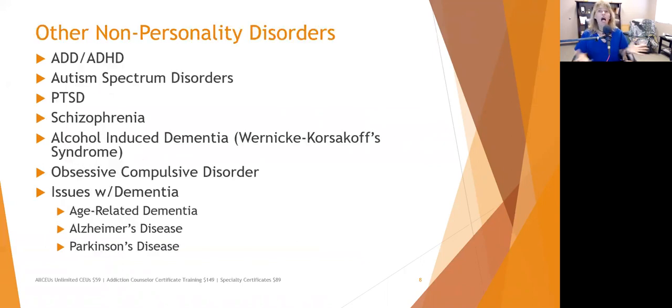So, other non-personality disorders that don't really neatly fit into a mood disorder category. ADD and ADHD, we just talked about that. Attention deficit hyperactivity disorder. This can happen or be diagnosed in adults as well as children. And you have a lot of impulsivity, interrupting, inability to wait your turn.